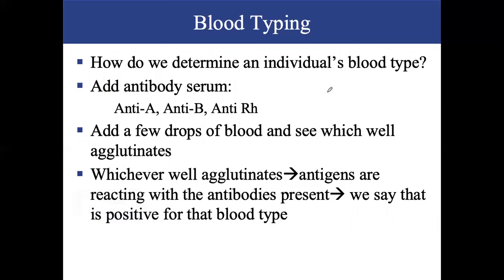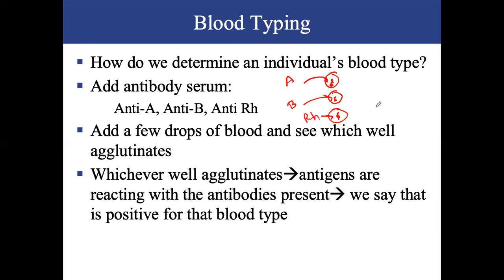We're going to have 3 wells, right? We're going to put blood in those 3 wells, the unknown blood sample. And then we're going to add anti-A. So antibody A to one, antibody B to another, and antibody Rh to another.